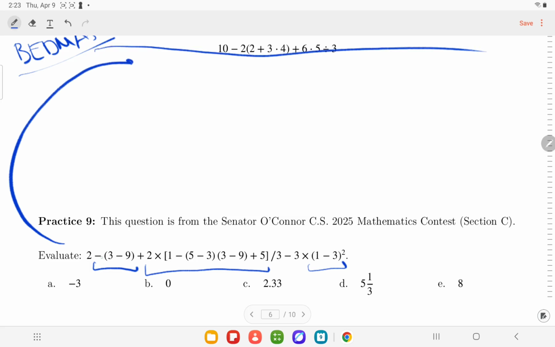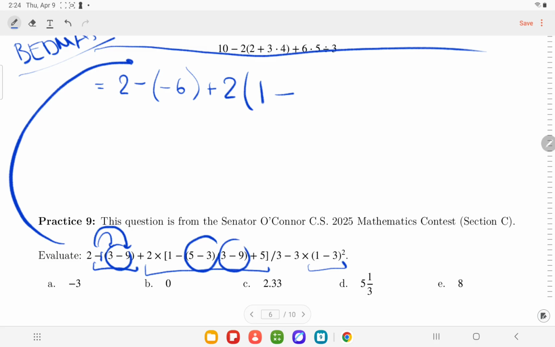Here we have a negative 1 in front of the bracket, so we're going to distribute negative 1. No, actually, because they're like terms, we can just subtract those. So we're going to end up with 2 minus 3 minus 9, which is negative 6, plus 2 times 1 minus, and then we have these two brackets here, which we can just solve right off the bat.